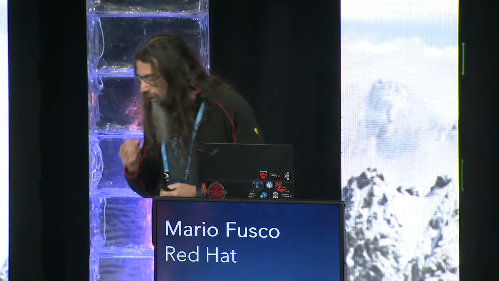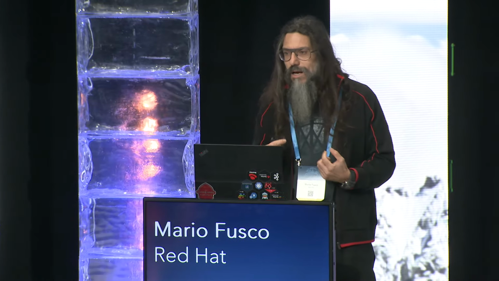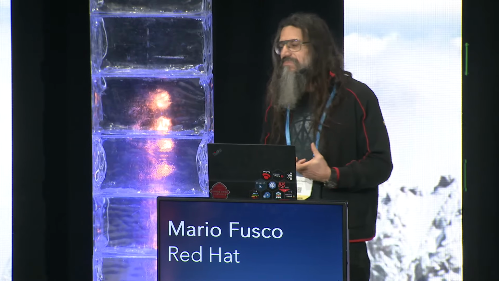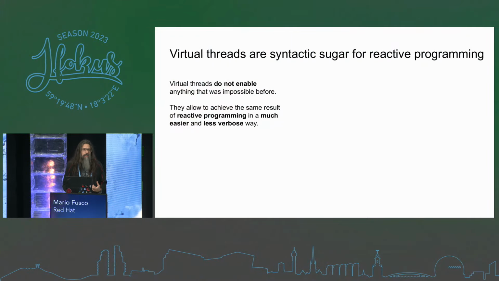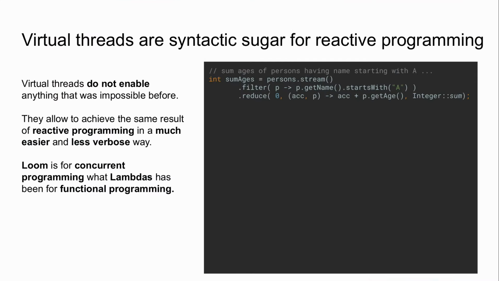Okay, so when I saw this for the first time, another analogy came to my mind and I said, okay, this makes sense. So we can say that Loom is for reactive programming what lambdas are for functional programming. What I want to say, okay, we all know lambdas, they are nice, we can write this with a couple of lambda expressions, filtering the names of all the persons with a name that starts with the letter A and then summing their age.